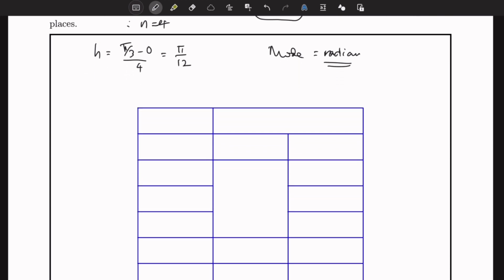Again, the first column will be your xn, and this is yn, which is your f(x). In this case, your f(x) is tan x.